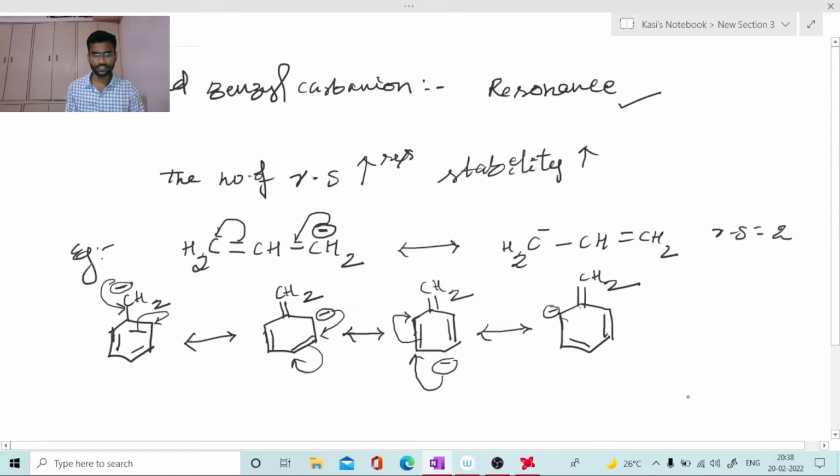Many of you are thinking, why can't we shift so that this one and this one both get the structures? That's why it is the final one only. What is the reason? The negative charge is involved in delocalization.